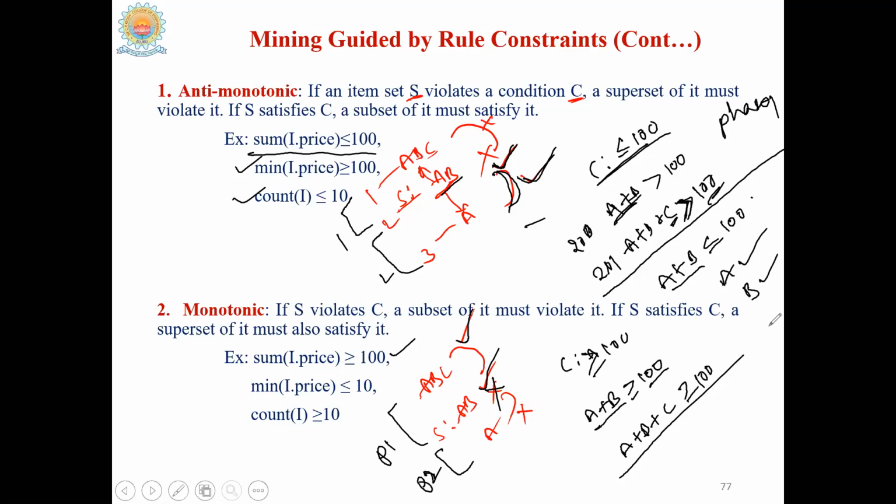And coming to the second phase, what is the second phase? If the item set does not satisfy the condition, its subset also does not satisfy the condition. Here, not satisfying means the sum of the prices is less than 100. That means it does not satisfy the condition, and its subset also does not satisfy the condition.